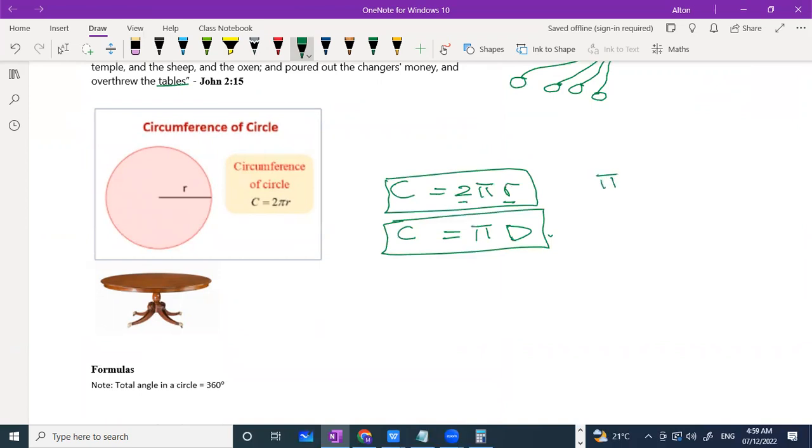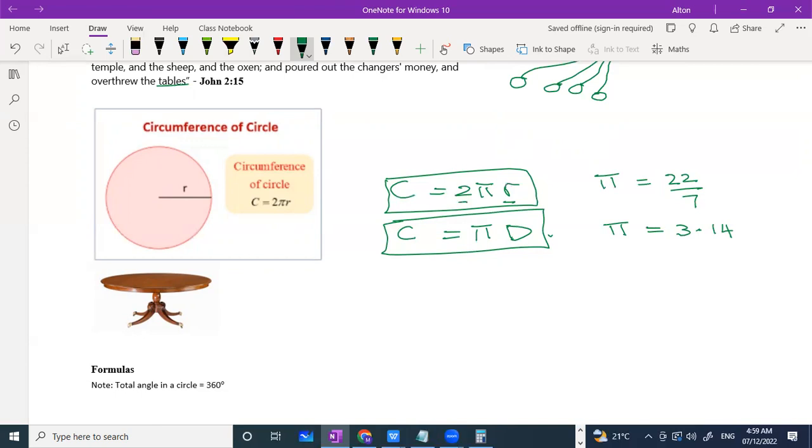Most times, pi is taken as 22/7, so that's the number you put in there. Or if the question asks you to use an approximate value for pi, we can use 3.14. 22/7 is 3.14, rounded to 2 decimal places.